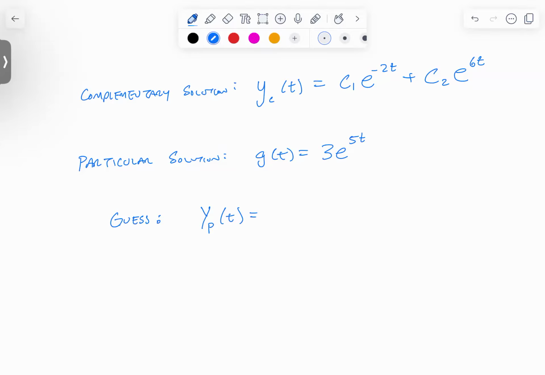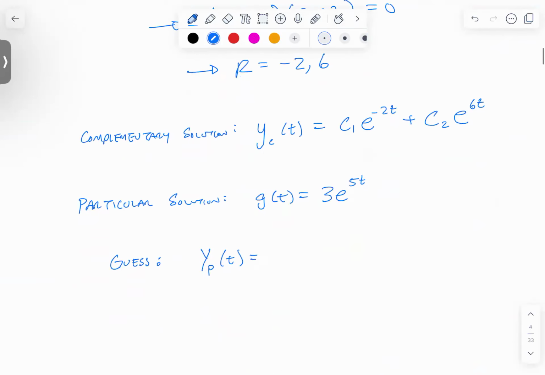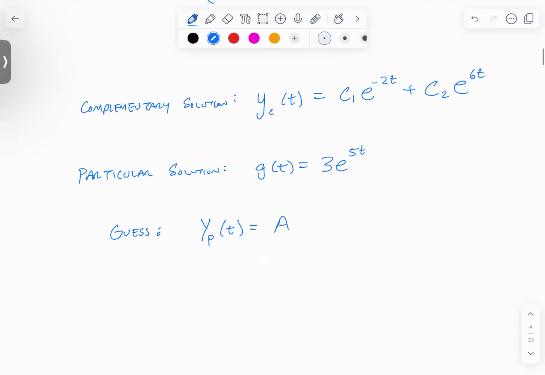As we start off, the guesses should be pretty straightforward, because I'm pretty sure this is going to line up with exactly what we have. Oh look, I have a constant to an exponent. That means the guess is a constant with that same power in the exponent. Our whole goal in finding a particular function is going to be to identify this constant A.